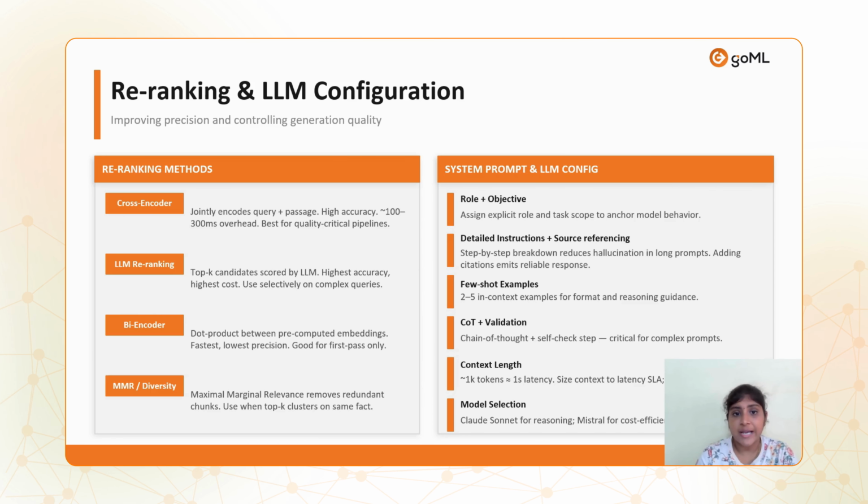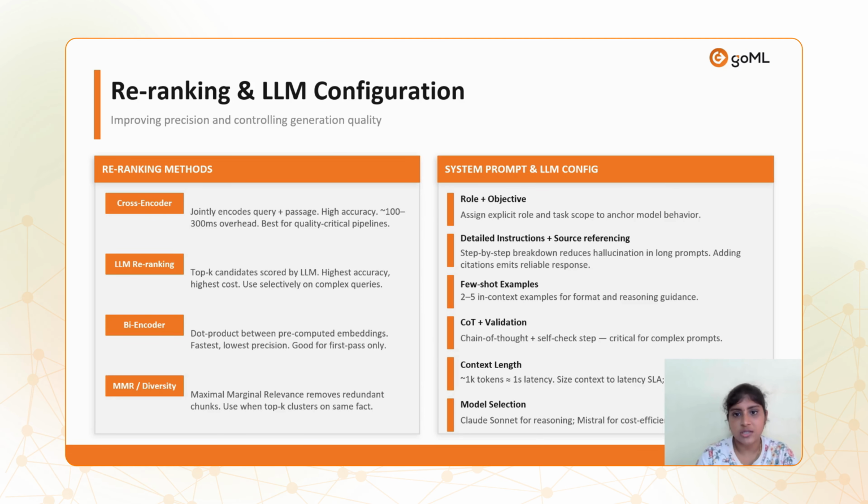So now comes re-ranking and LLM configuration. Talking about re-ranking, it is an upgrade you can make after basic RAG is working. It's not a mandatory step. With vector similarity, it retrieves relevant documents, but re-ranking is where precision gets covered.